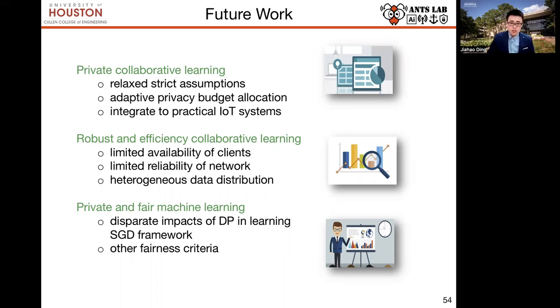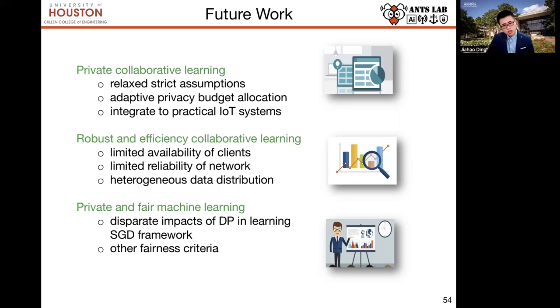So we will try to consider how to relax these strict assumptions, and also consider several adaptive privacy allocation schemes to balance the privacy and utility trade-off, and plan to integrate the proposed algorithms into real-world systems.